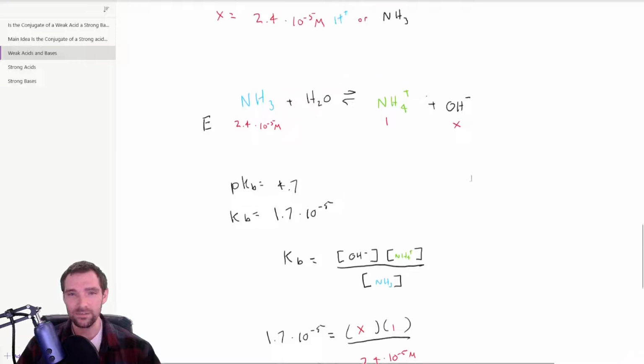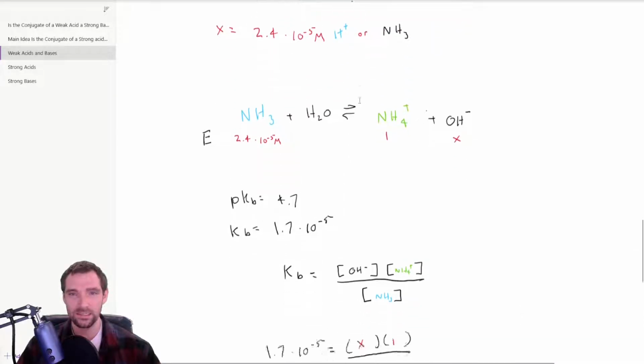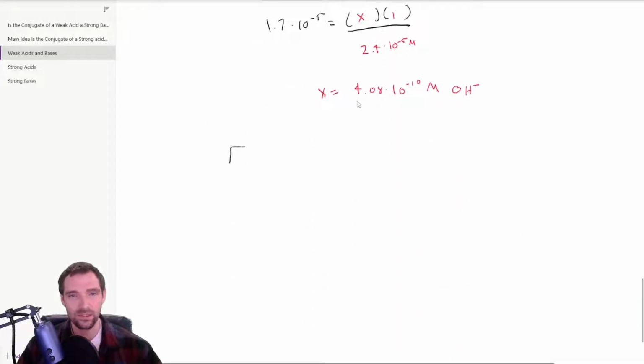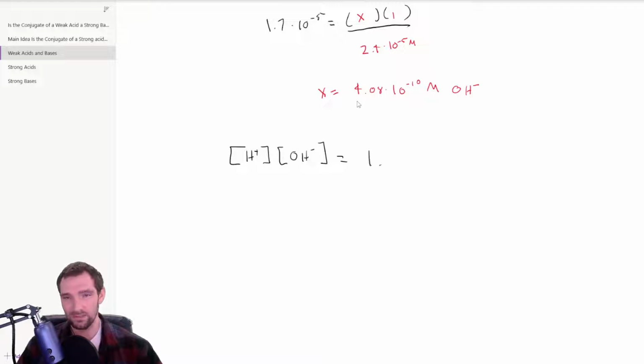And you can see if you were to multiply the concentration of the H+ times the concentration of the OH minus, this is actually also still equal to 1 times 10 to the -14, that Kw. This is the definition of Kw.